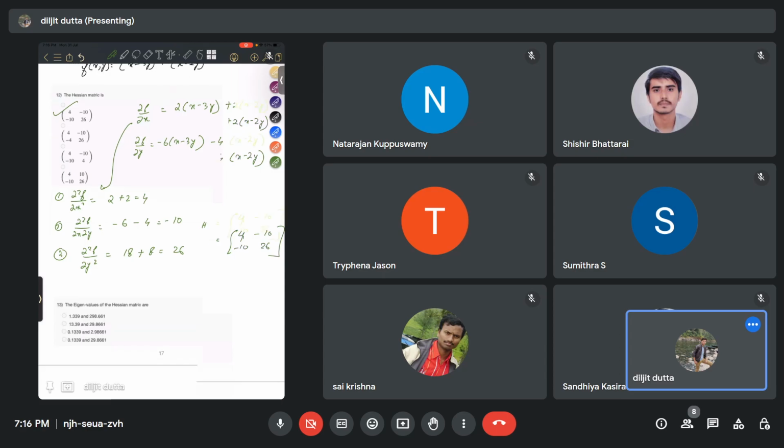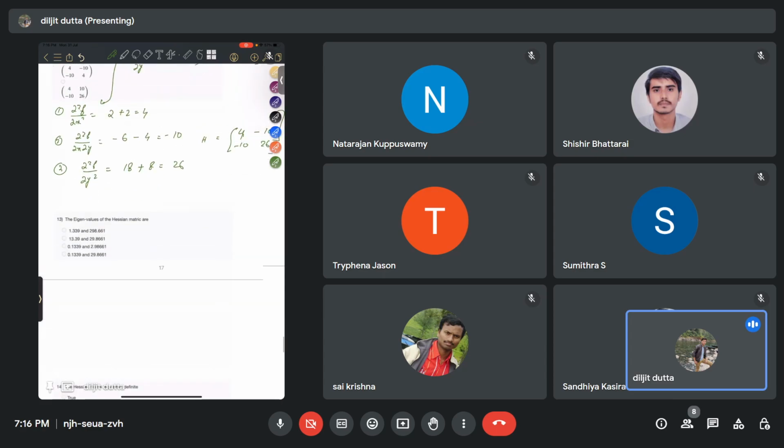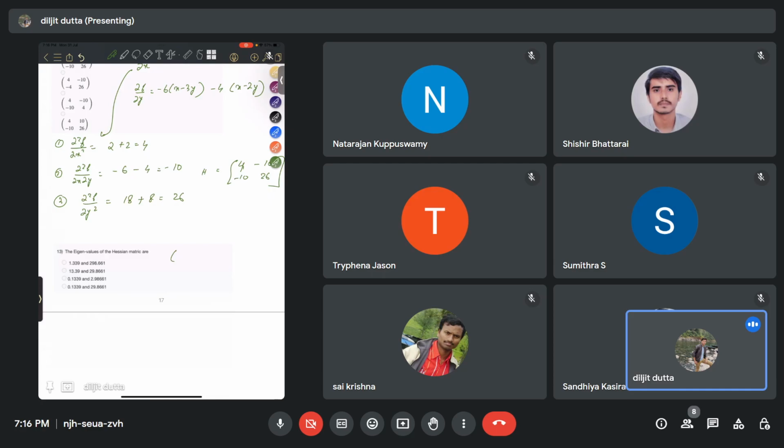So the eigenvalues of the matrix, again you can use the shortcut. I won't be going too much into the numerical details.